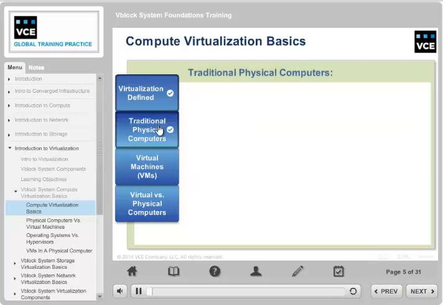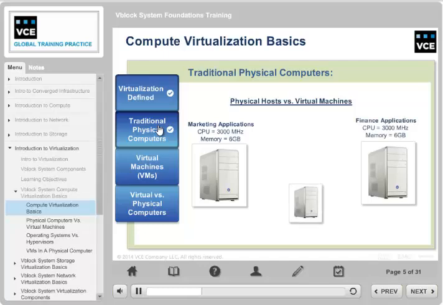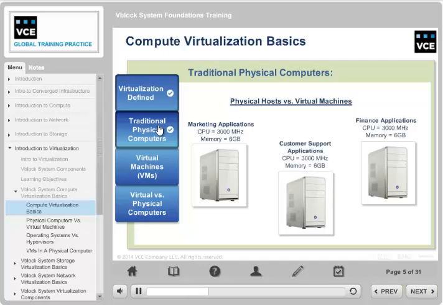The first scenario in our comparison is a traditional data center with exclusively physical computers used to host applications. The marketing department's applications may run on one physical system, the finance group's applications on a second, customer service applications on a third, and so on. Think about it. The number of physical computers and the space and other resources needed to operate them can be significant.